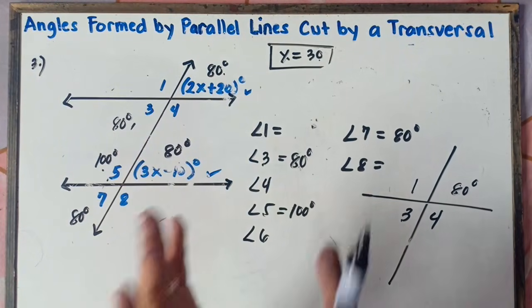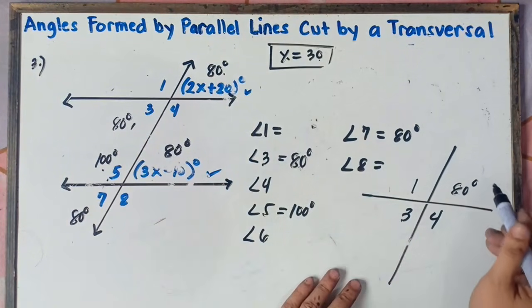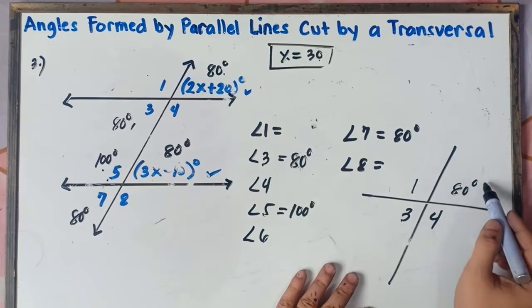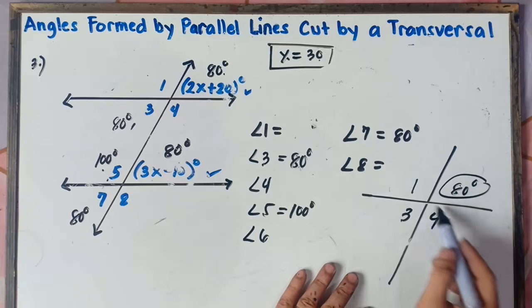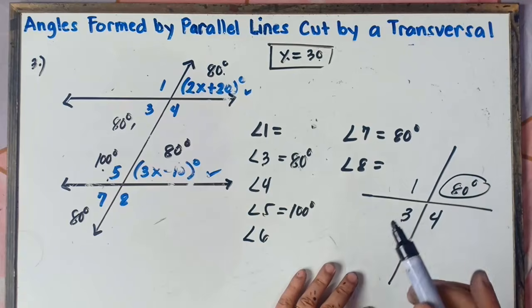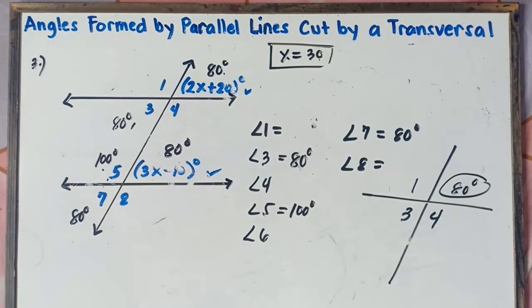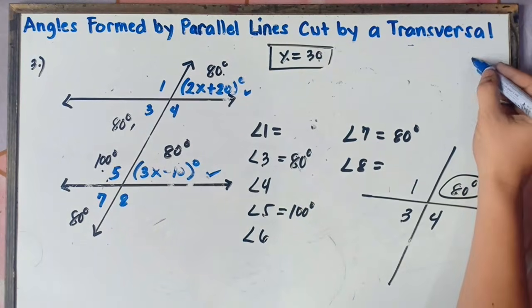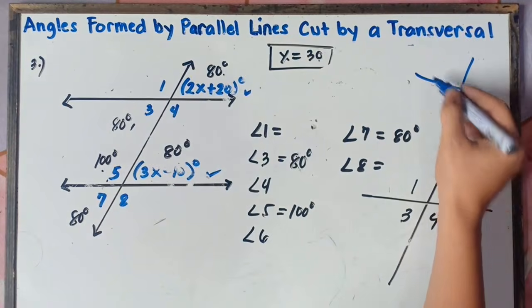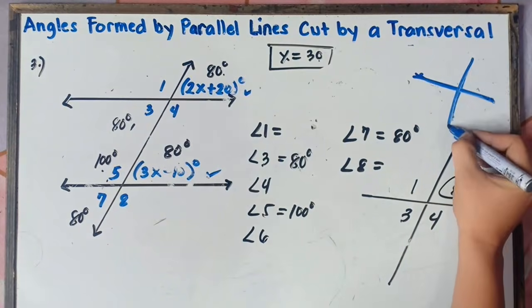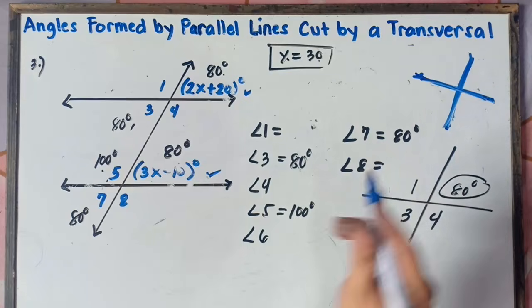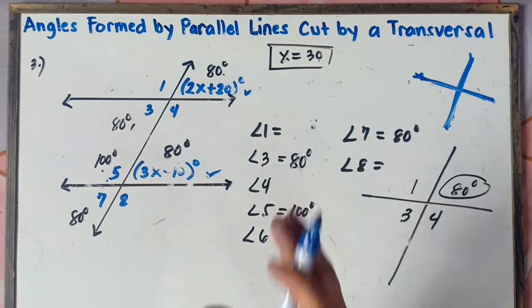Now, for me, class, if I will be answering this one, just this given angle, I can find all these 3 angles, class, using vertical angles and then linear pair. Because you know, class, if you have intersecting lines, it forms letter X, right? Vertical angles, class, are always congruent.